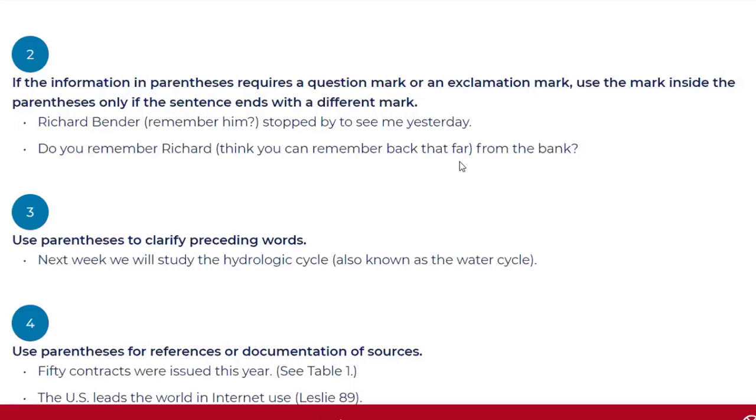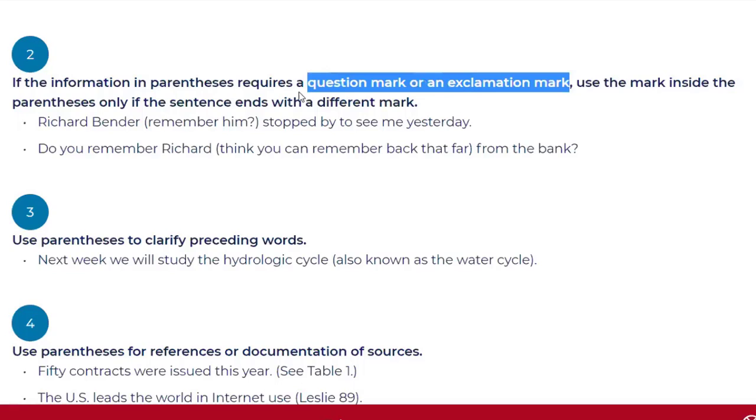So this rule is about question marks and exclamation marks. Got it? Things may be difficult at this point, but since these are new rules for you, as we go further, you will understand better.